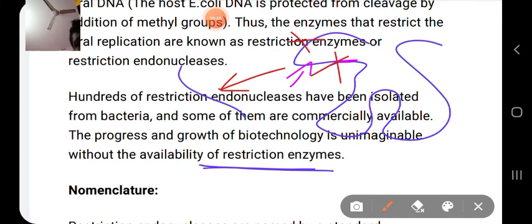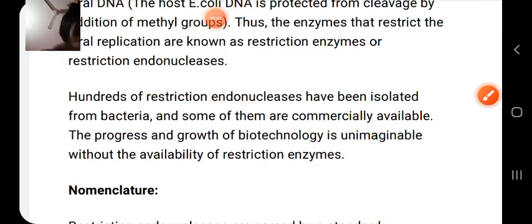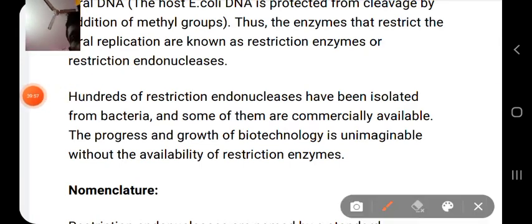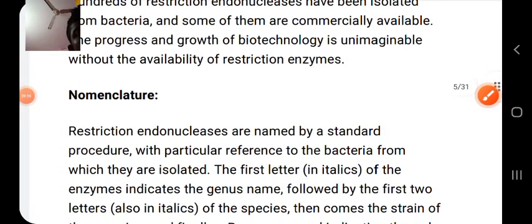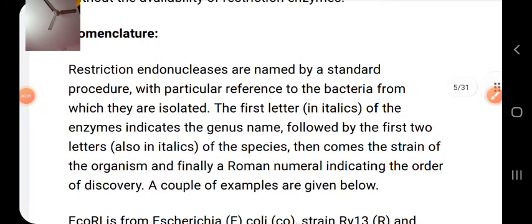Now, to name the restriction enzymes, we have a certain nomenclature, just like we have for enzymes. So why not for restriction enzymes? But it's simple. Restriction endonucleases are named by a standard procedure with reference to the organism from which they were isolated.